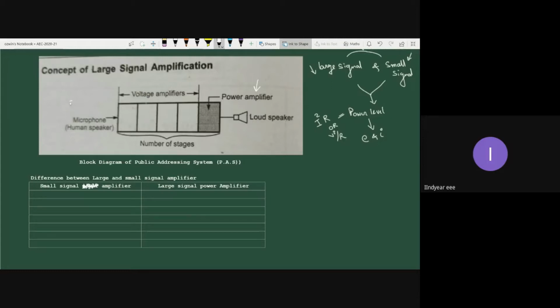So this is your source, and this is your load. Now I'll tell you the significance of each stage. The source is basically a microphone wherein the human is going to utter some voice.